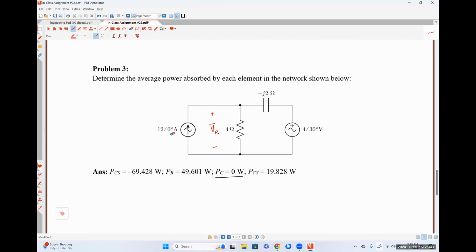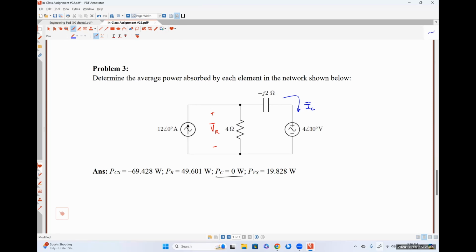To get the power absorbed by my voltage source, I'm going to need to know the current that's flowing through my voltage source. I'm going to call this current IC because it's also the current that happens to be flowing through our capacitor.